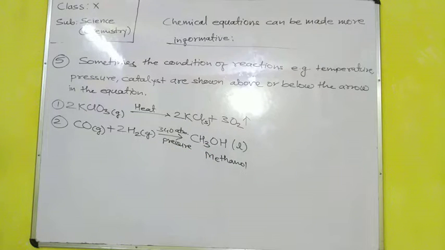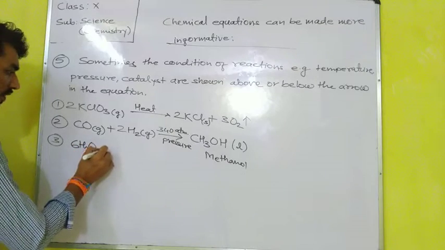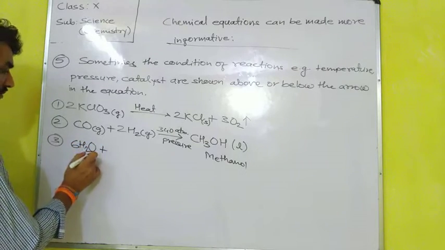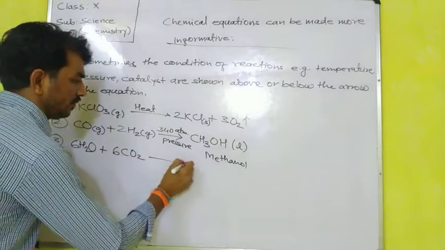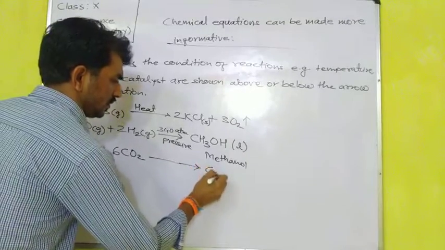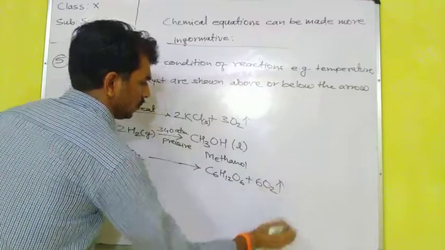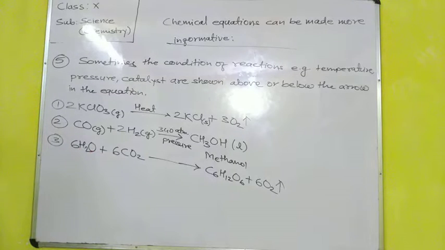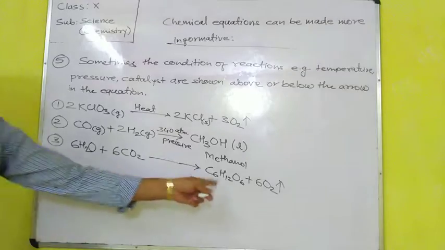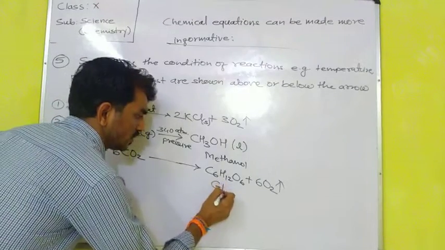One more example in which a catalyst is used, the photosynthesis reaction, which we know from childhood: 6H2O plus 6CO2 forms C6H12O6 plus 6O2. Yes, it is balanced. C6H12O6 is glucose.